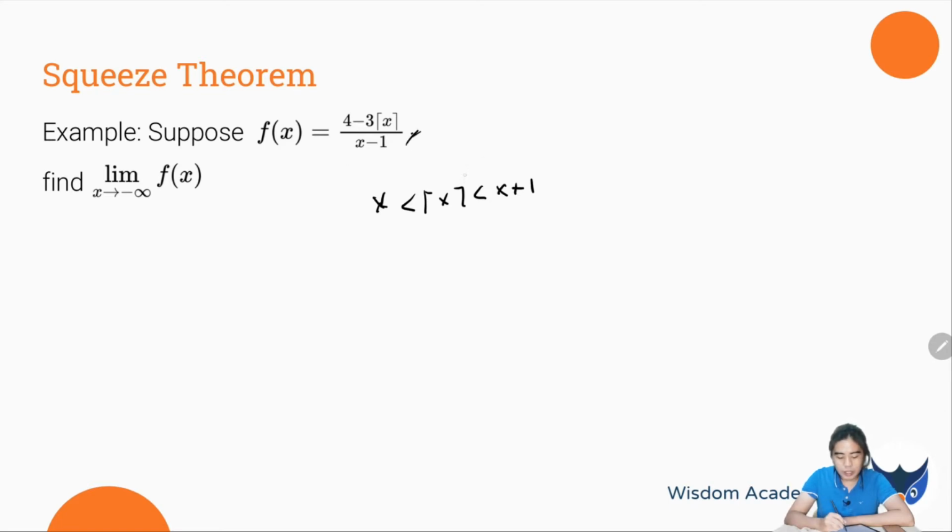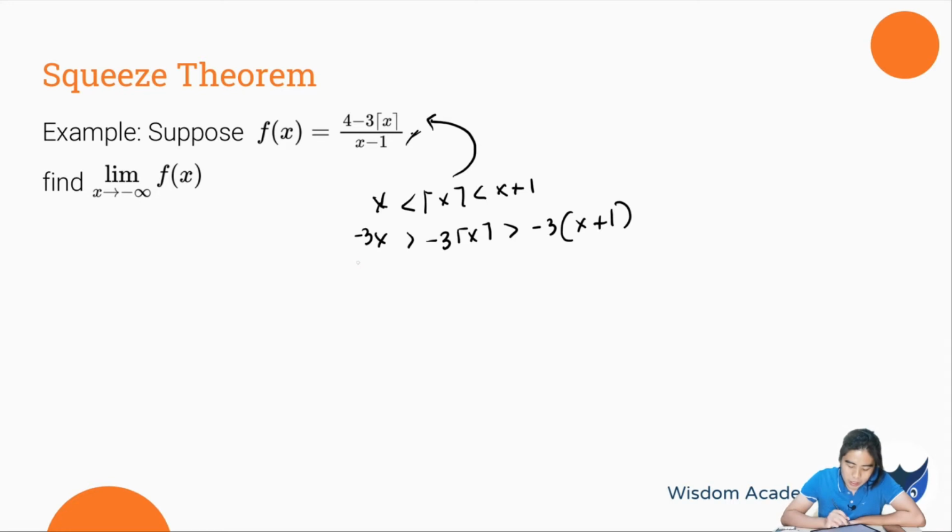So, ngayon, paano natin magagamit to para ma-solve yung limit nitong f of x? Ang gagawin natin, itatry natin na ma-convert tong ceiling ni x papunta sa function na f of x. So, first, multiply muna natin lahat by negative 3. May iba yung direction nung inequality natin since nag-multiply tayo ng negative number.